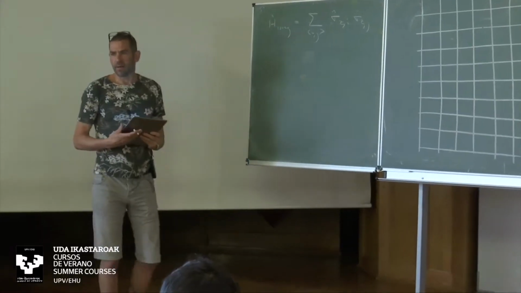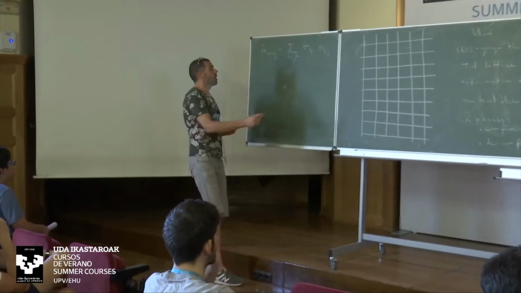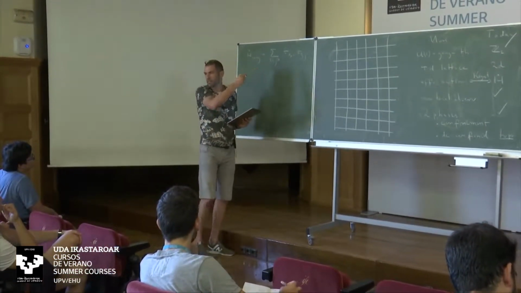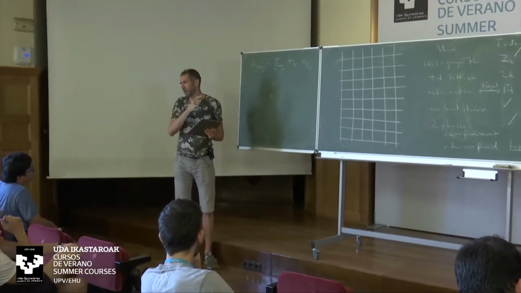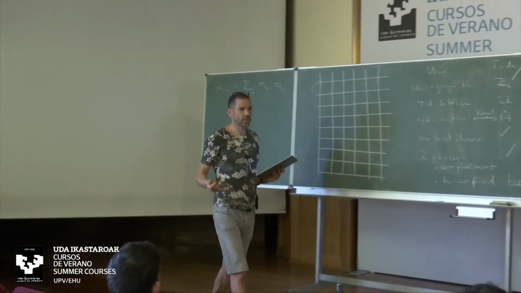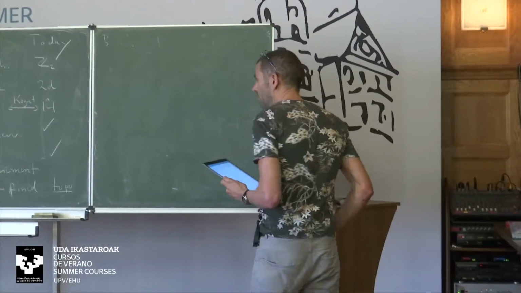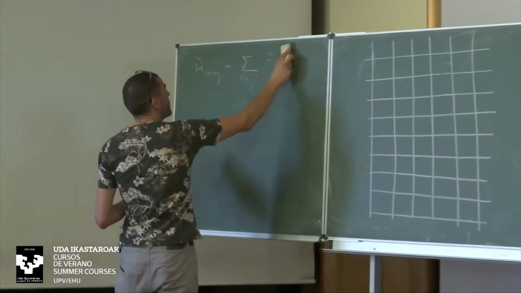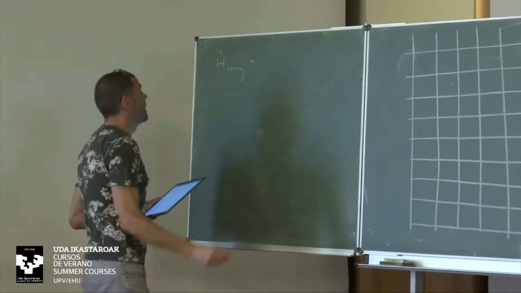So Wegner's idea in the beginnings of the 70s was to formulate a Hamiltonian of very similar flavor, almost as simple, but having a local Z2 symmetry. And I show you now this Hamiltonian, and I explain then in a minute in what sense it has an infinite dimensional symmetry, the gauge symmetry.